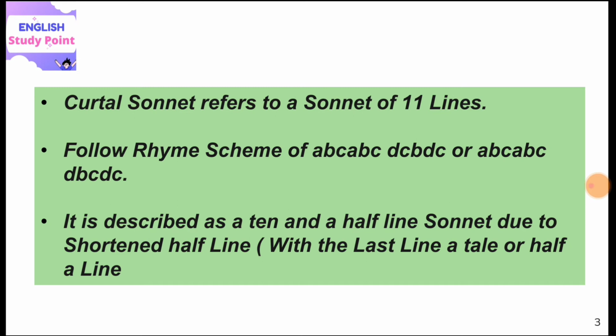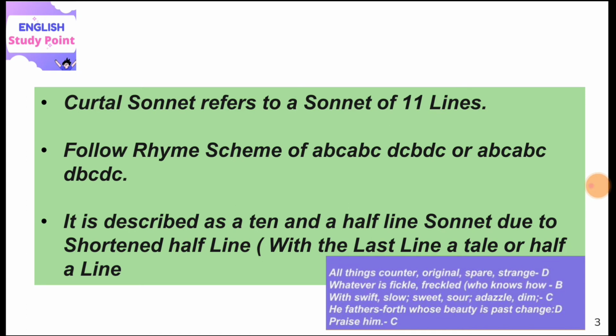So a poem which contains 10.5 lines in a single stanza is called a curtal sonnet due to the shortened half line. This is an example of a poem by Gerard Manley Hopkins, and these are its last lines. I have picked up the last lines from the poem by Gerard Manley Hopkins, that is Pied Beauty.